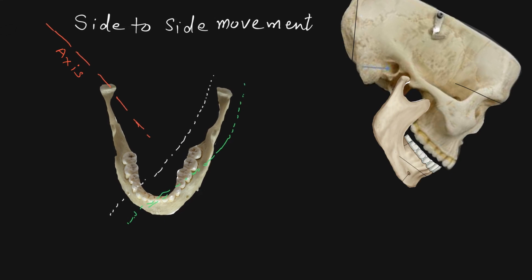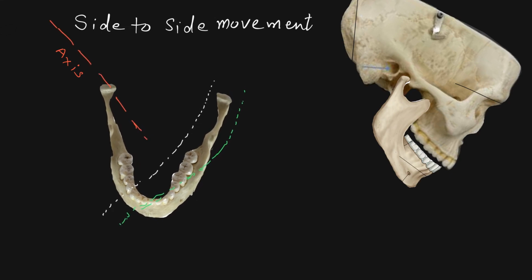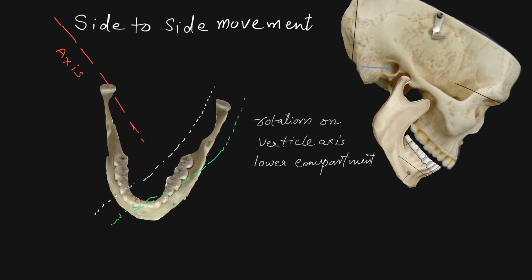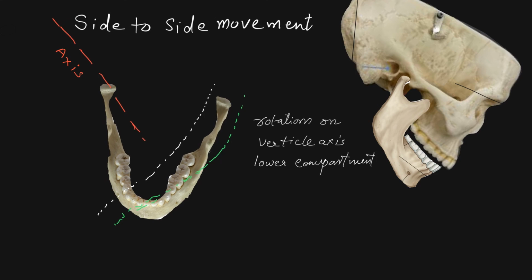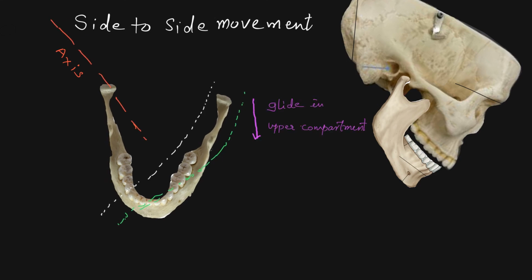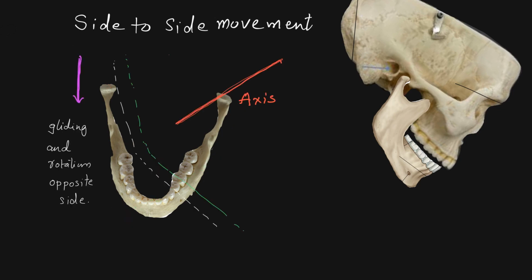The same side of the mandibular head rotates in the lower compartment at the vertical axis and glides in the upper compartment. The same thing happens with the other side of the head. The vertical axis, as I told you previously, passes through the opposite head, posterior border of the ramus of the mandible.